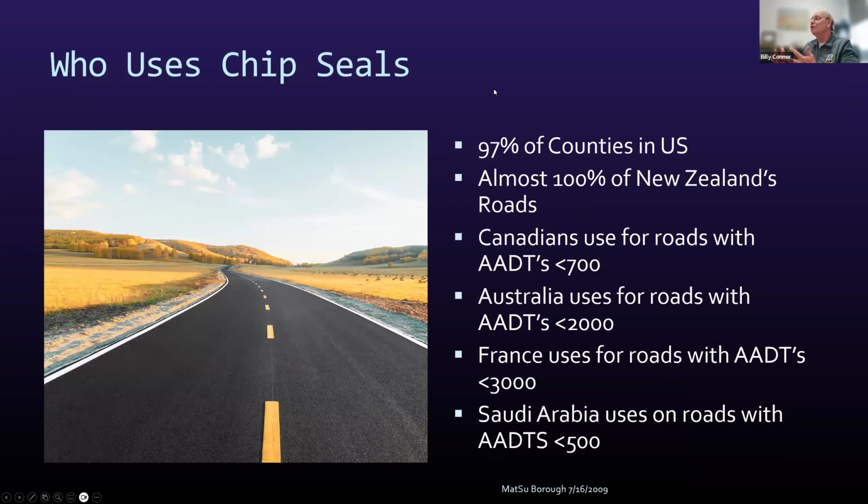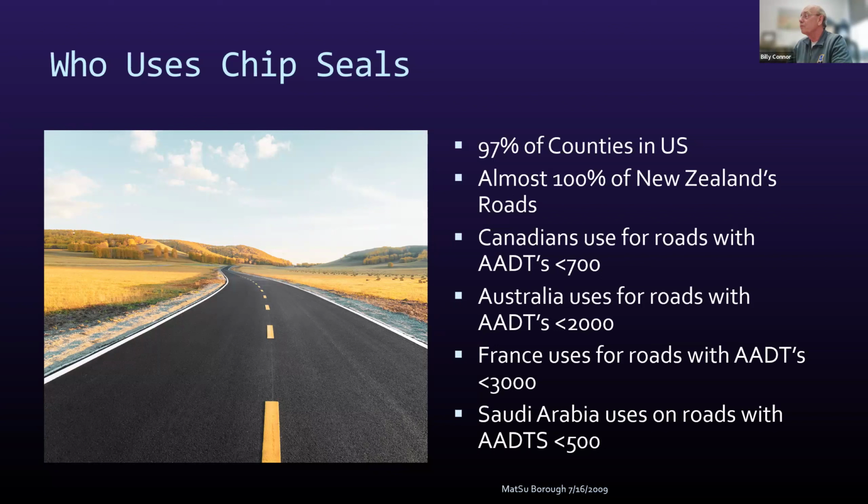Who uses it? It's very popular in a number of countries. New Zealand, all of their roads are chip sealed, and I had the opportunity to drive a number of those roads a few years ago, and it's pretty amazing what they are able to do. Most people driving those roads would think they're on hot mix, and they do perform very well.